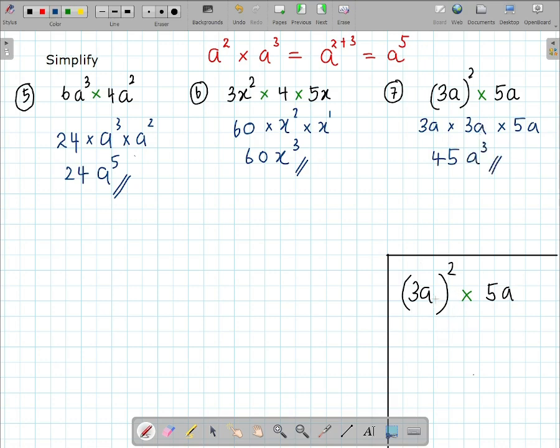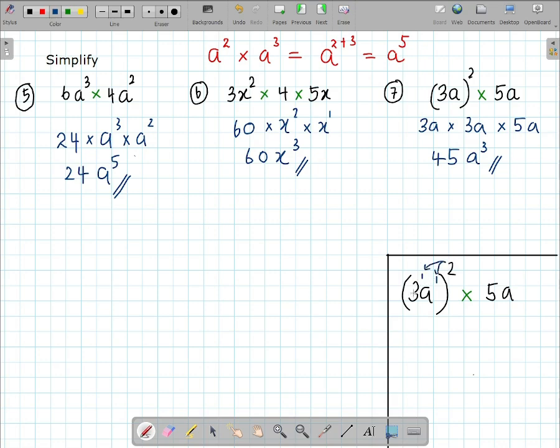Now this is method 2, that is 3a whole thing to the power 2 times 5a. As you know, when you have power of a power, you have to multiply inside indices by the outside index.